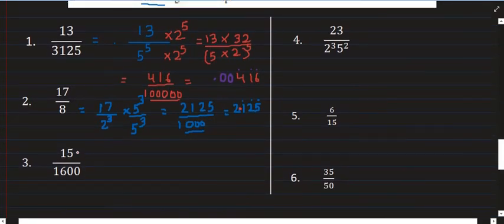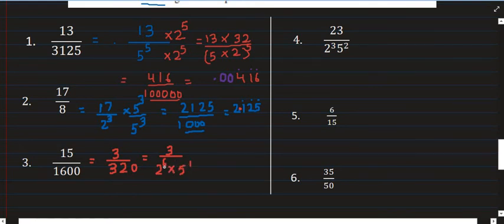So the next number is 15 by 1600, and in the lowest form it is 3 by 320. The prime factorization of the denominator is 2 raised to the power 6 times 5 raised to the power 1.